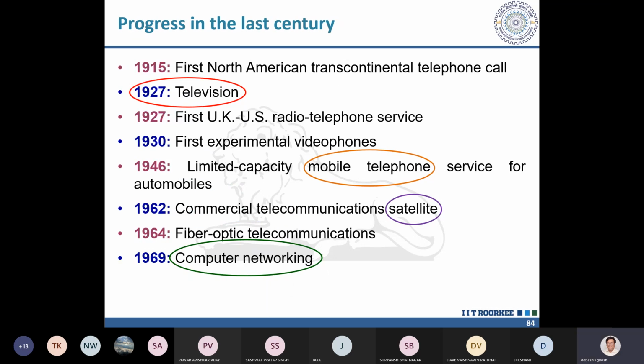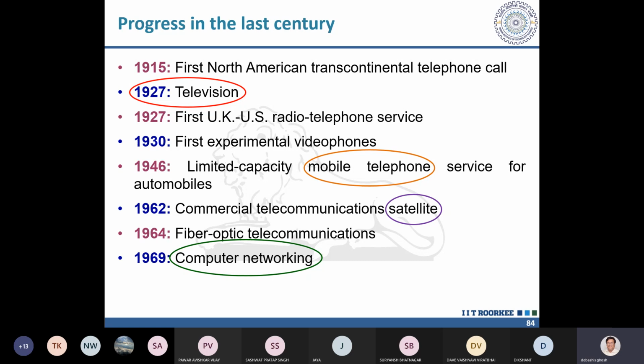Now, going back to the progress in the last century. We have talked about the progress till the 19th century. In the 20th century there was tremendous development in the communication sphere, and multiple things came up. In 1927 television came up.